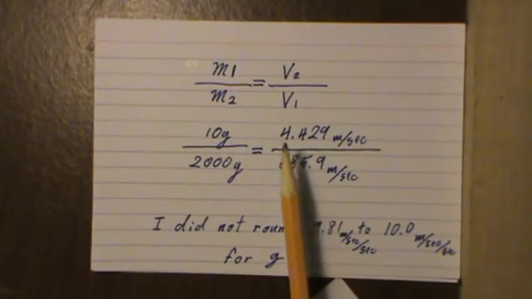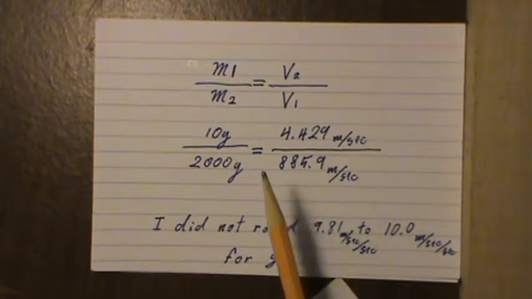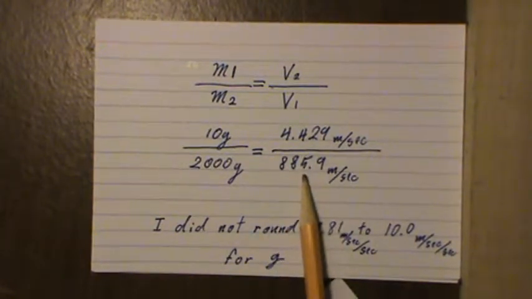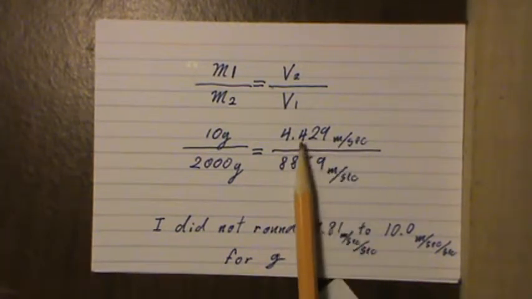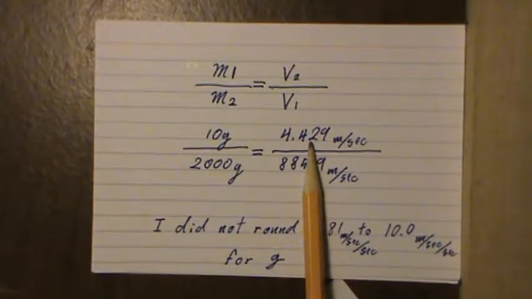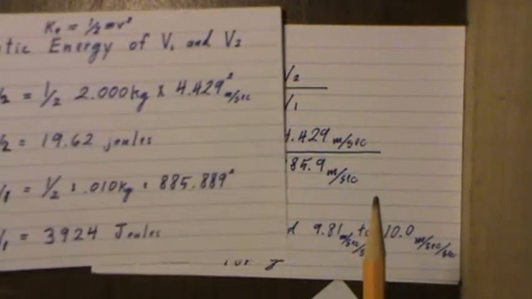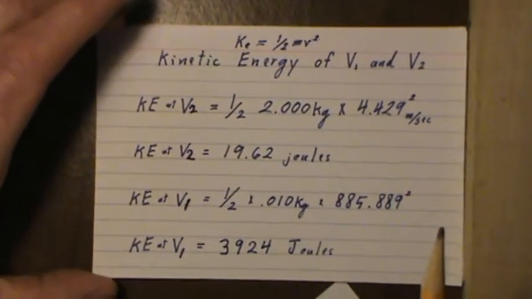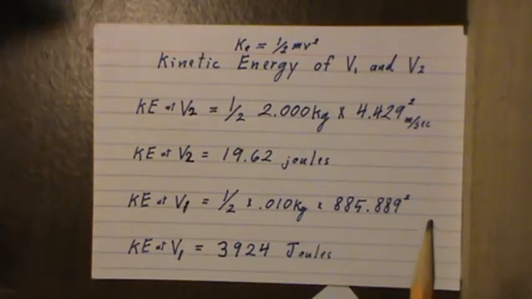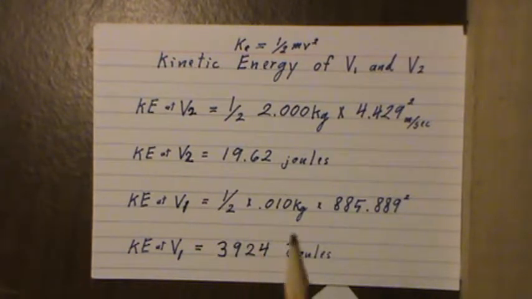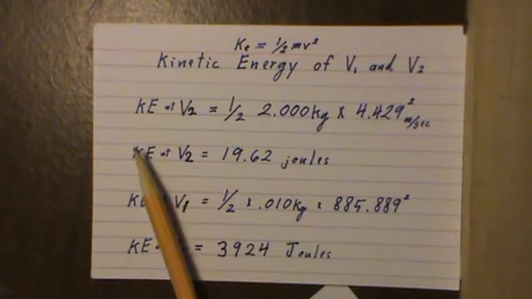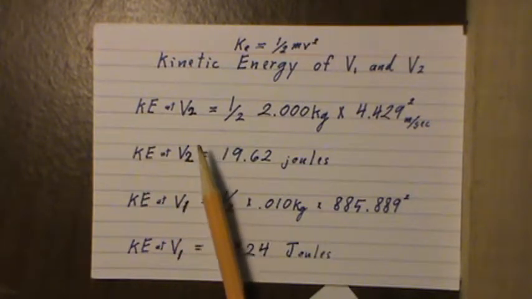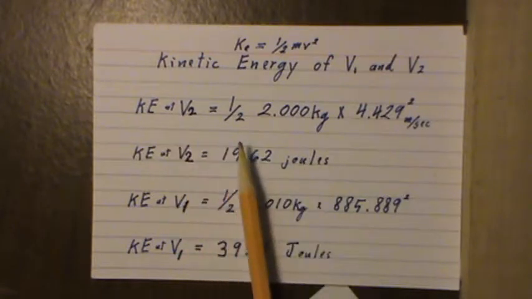Now with these two numbers we can determine the kinetic energy of the bullet, and we can determine the kinetic energy of the block and bullet after it combines. Using the kinetic energy formula, we'll first do the block.